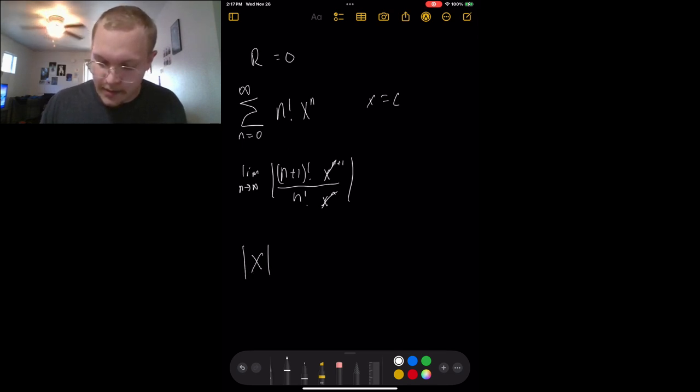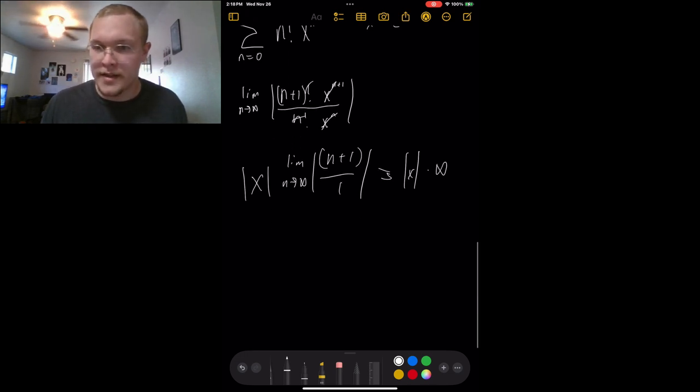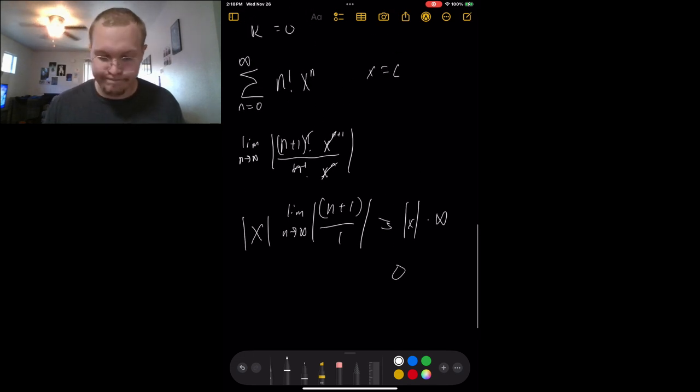And these are going to cancel here, so we're left with the limit as n approaches infinity of the magnitude of n plus 1 over 1, which is just infinity. So you're going to get magnitude of x times infinity. For any value other than 0, this is going to be greater than 1, and so it would be divergent via the ratio test. Whenever x equals 0, it would be less than 1, and so that's how it would converge for that point on the center, which is 0.